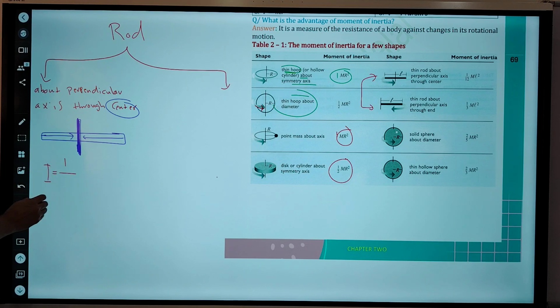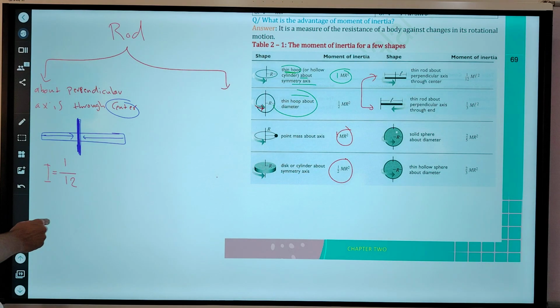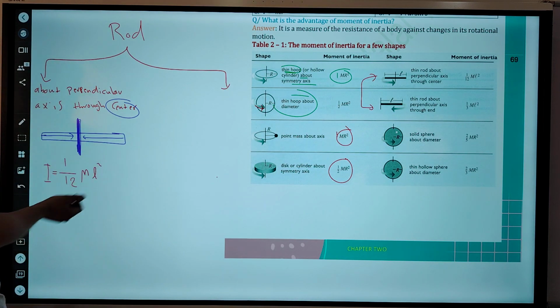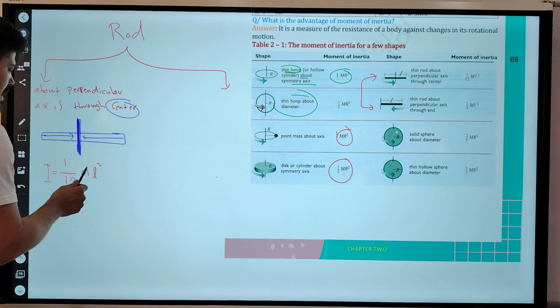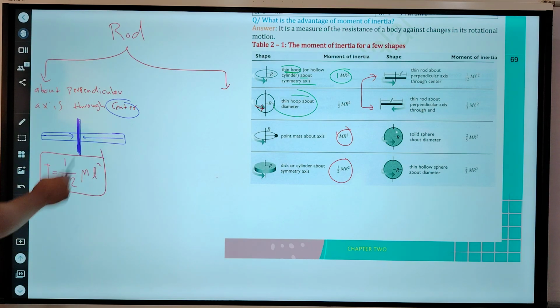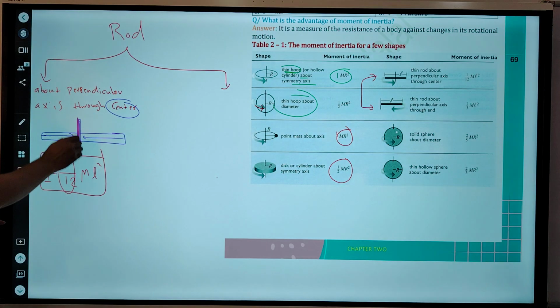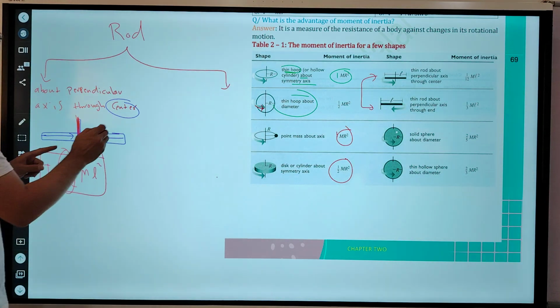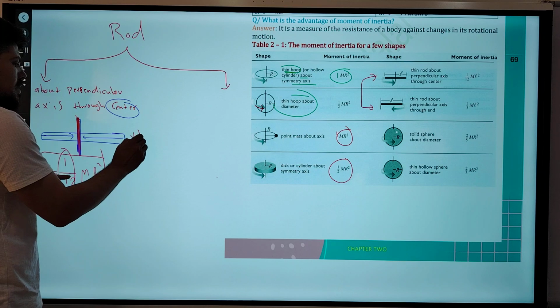It is equal to 1/12 ml squared. L or R is the same because the rod has length, so that is why we have to write down L, okay? So when does the rod have 1/12 ml squared? When the axis of rotation is located where? At the middle. So in that case, R is less.